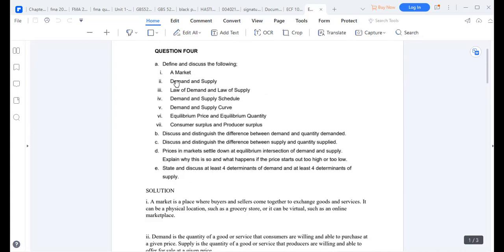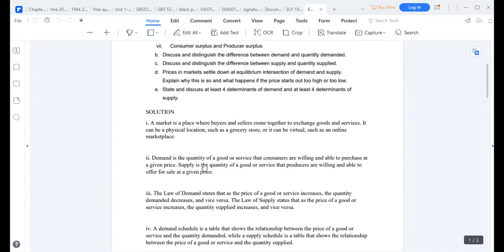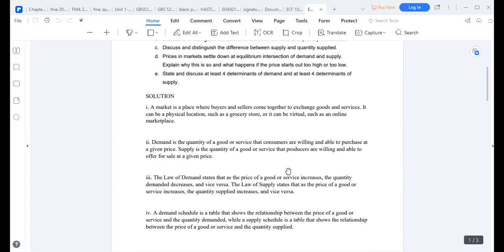So we're also asked to discuss or define demand and supply. Demand, to start with, is simply the quantity of a good or a service that consumers are willing and able to purchase at a given price. Whereas supply is simply the quantity of a good or service that producers are willing and able to offer at a given price.